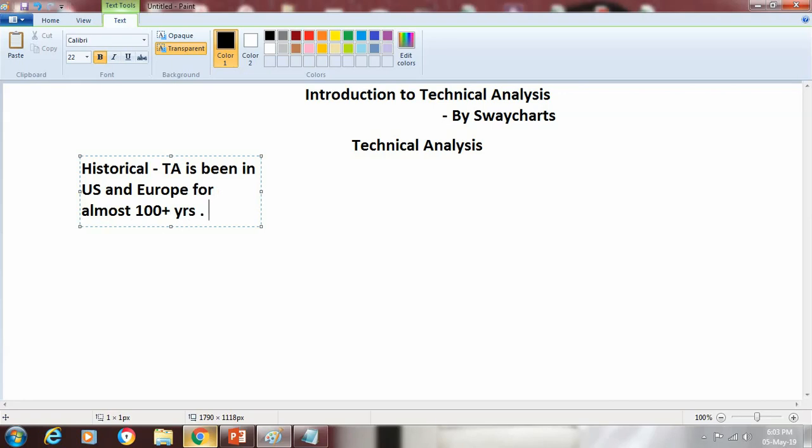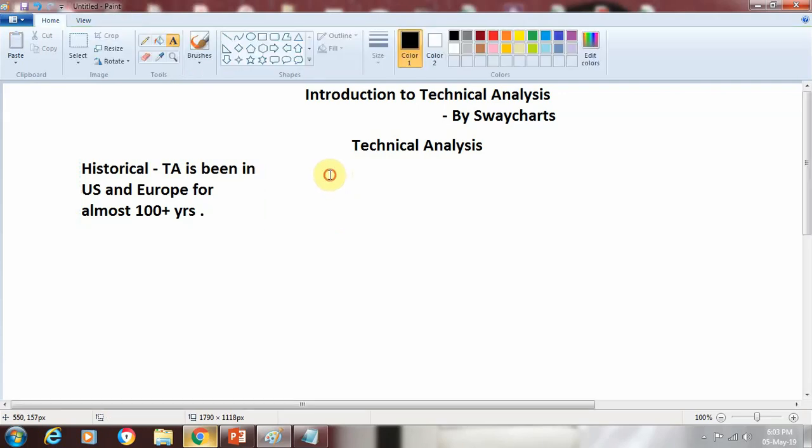And it's now gaining importance even in India, and that is the reason why one who is related to the stock market, either as a trader or an investor, should be aware of this technical analysis, right? So now let's understand what this technical analysis is.